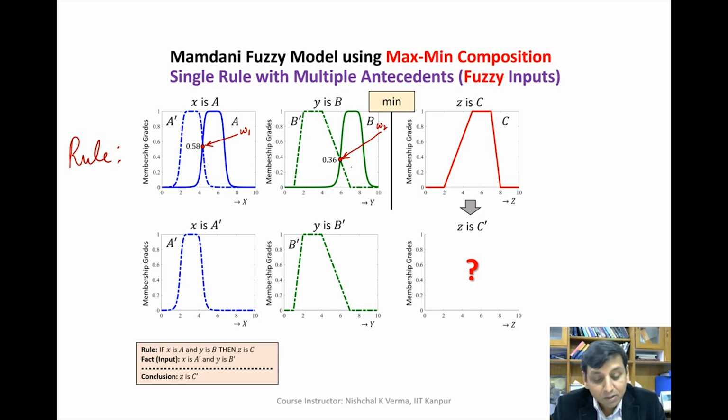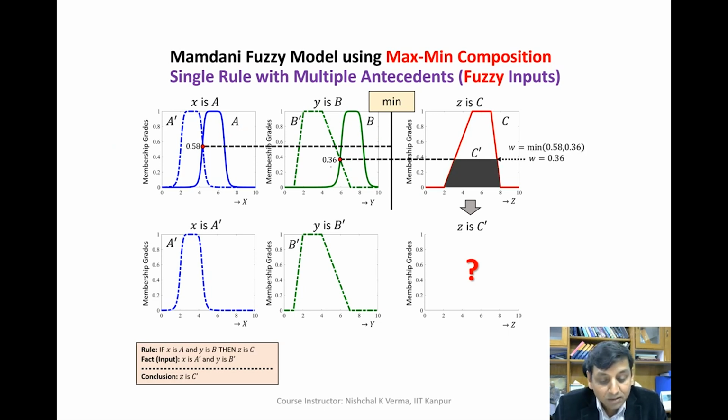So we'll take 0.36 and proceed with truncation using this value. This is what we are getting as the min of the two, W1 and W2. So this is the output of the first rule.